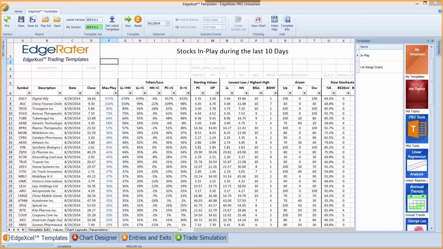You don't need to have Excel in order to run templates. Yeah, a lot of users of EdgeRater are HDSI users, but there are also a lot of people who don't have HDSI, so I have to cater for everybody here.